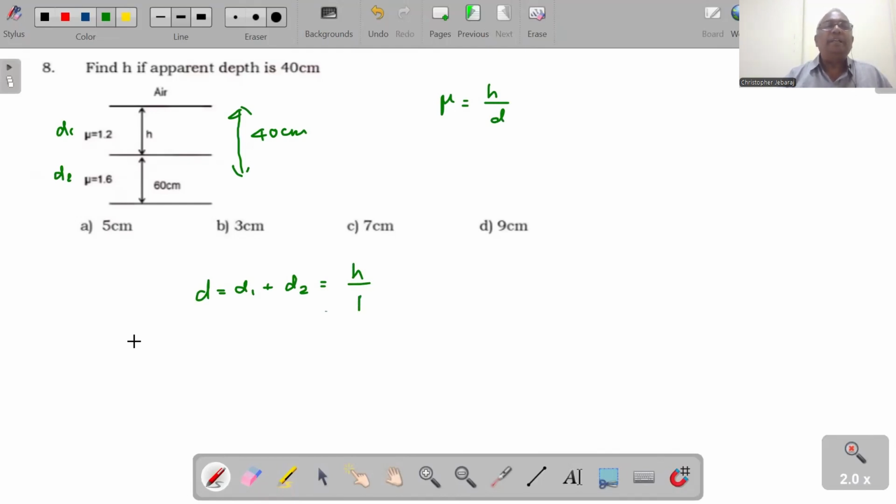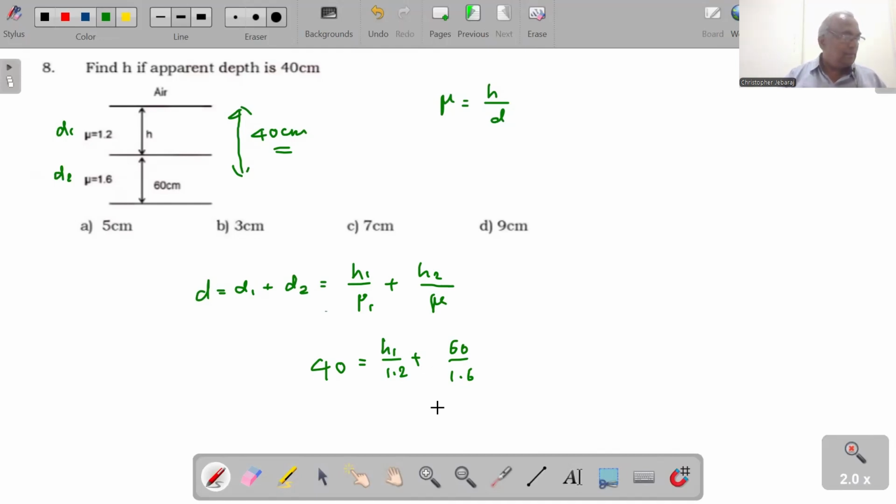refractive index mu1, let's take for the first case, plus for the second case the apparent depth, use the same formula. H2 is 60 centimeter. Here H1 is what we need to find, with refractive index mu. Total apparent depth is given as 40 centimeter. So 40 equals H1, which we need to find, by 1.2, plus H2 given as 60 whose refractive index is 1.6. 60 by 1.6 comes around 37.5.